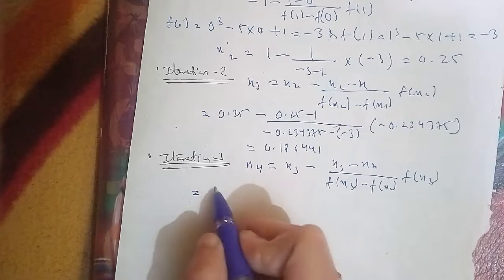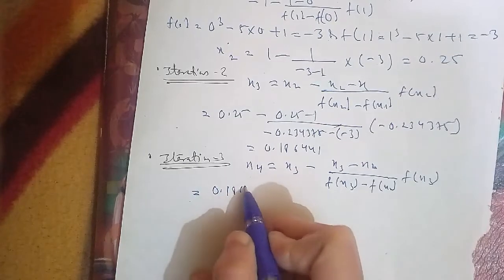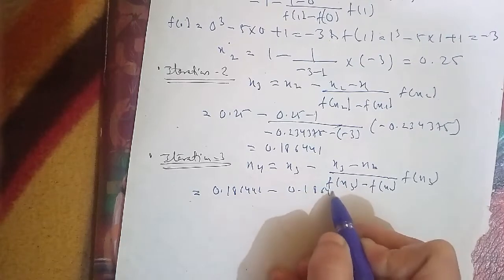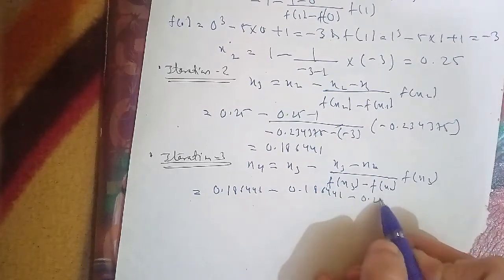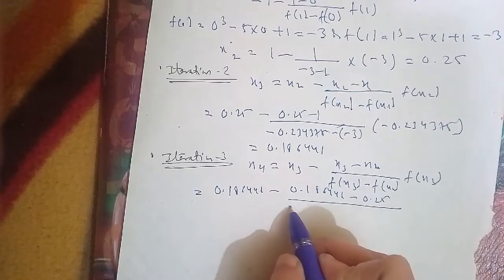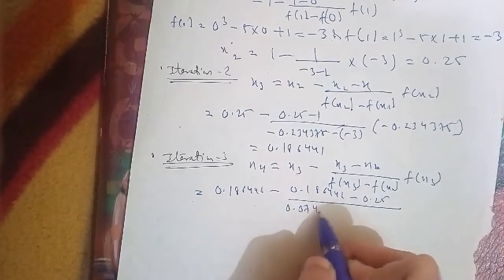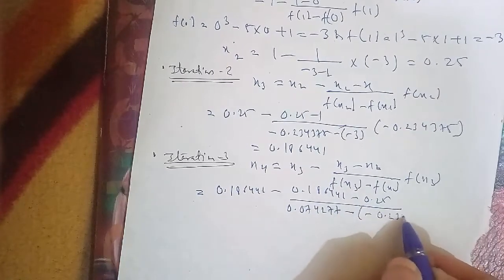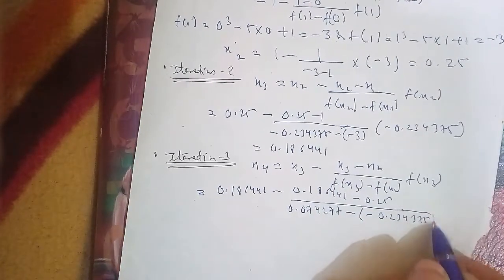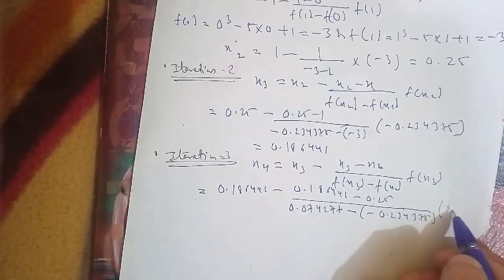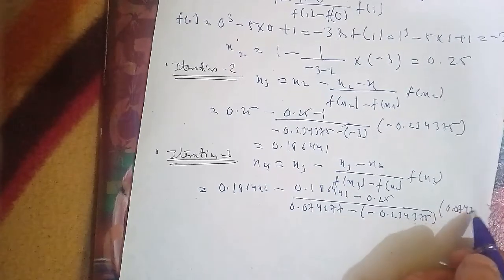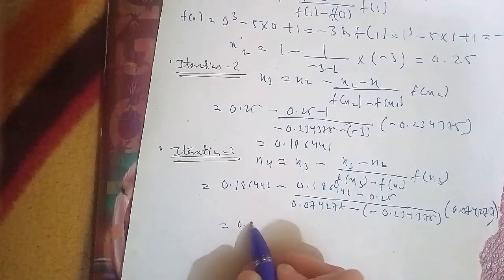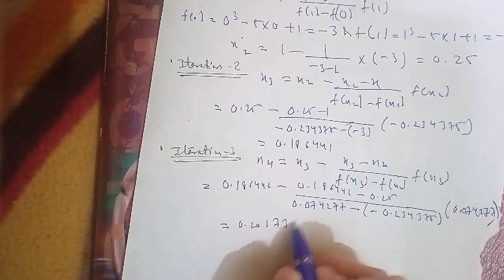That is equals to 0.074277 minus 4375, equals to 0.201736.